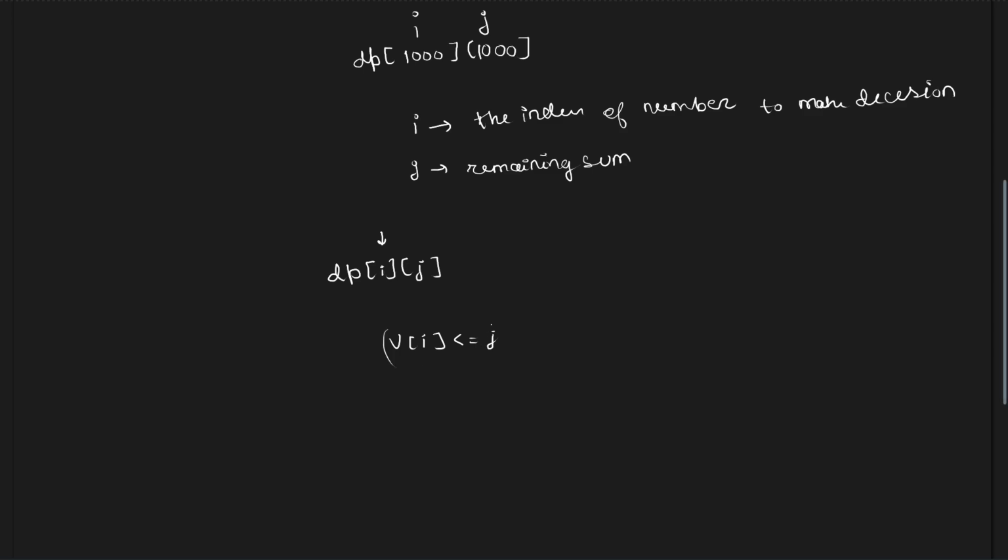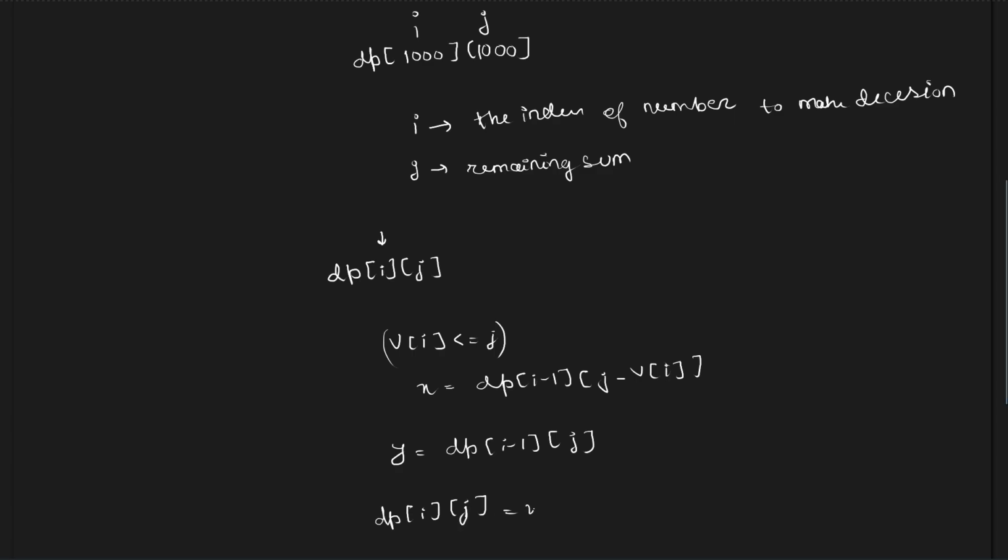So only if this is true, I'll take a variable, let's say x, and mark it as DP of I minus 1, j minus v of I, since I have used v of I and subtracted it from the remaining sum. Another way is that I don't take it, so there is no condition on it. I can just directly write y as DP of I minus 1, j, since I have not taken the number, the sum will remain the same. So DP of i j will be equal to x plus y.